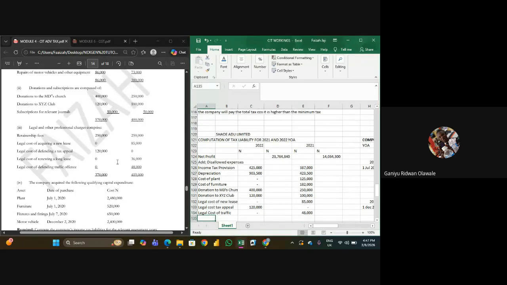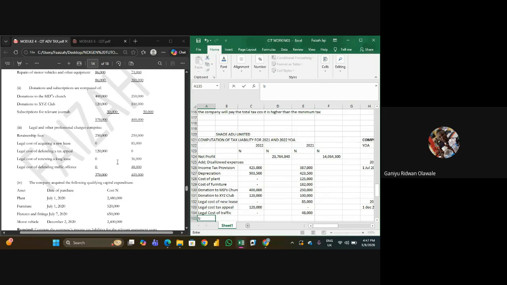While the legal cost of defending a tax appeal is disallowed, the cost of defending a traffic offense is also a disallowable expense. So what everybody is saying is that the only allowable expense in that place is the retainership fee. Is that what you are saying?